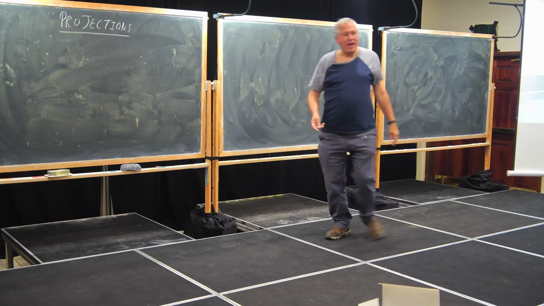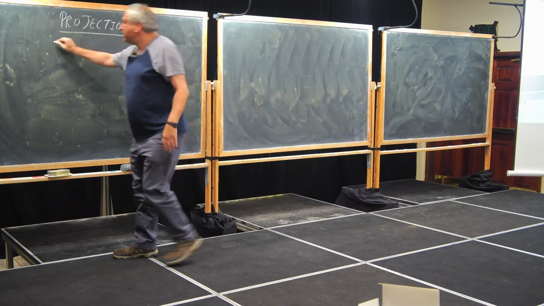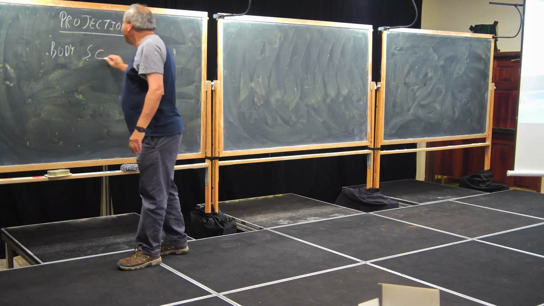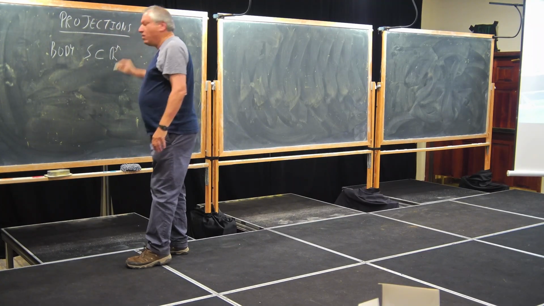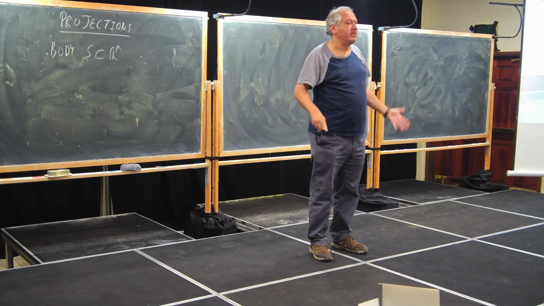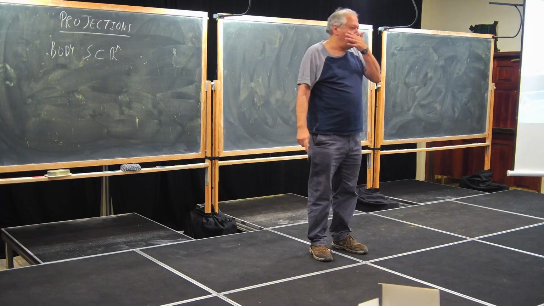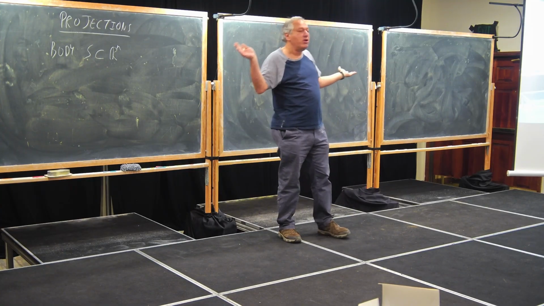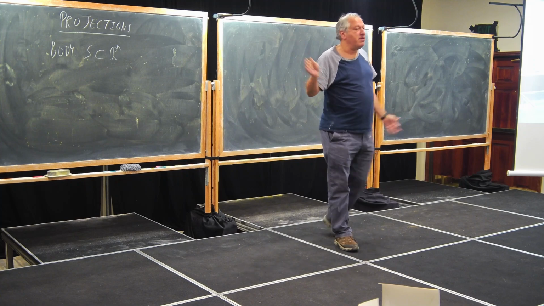Okay, so I've got some shape, some body, S, living inside R to the n. I just mean some closed bounded shape. If you'd like to think of it in the simplest way possible, you could just think of a finite union of boxes.